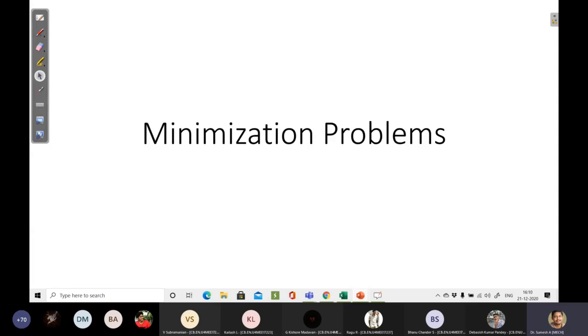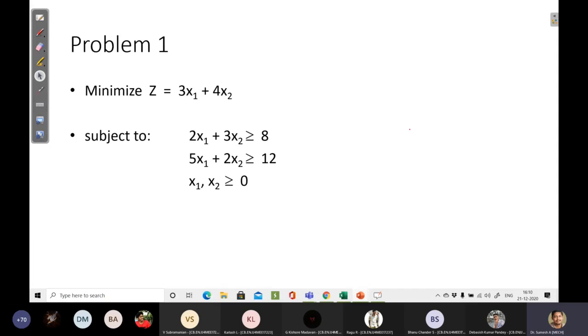See, for example, you can see a problem over here. Minimize z equals 3x1 plus 4x2 subject to the constraints 2x1 plus 3x2 greater than or equal to 8, 5x1 plus 2x2 greater than or equal to 12, x1, x2 greater than or equal to 0. How will you tackle this problem?